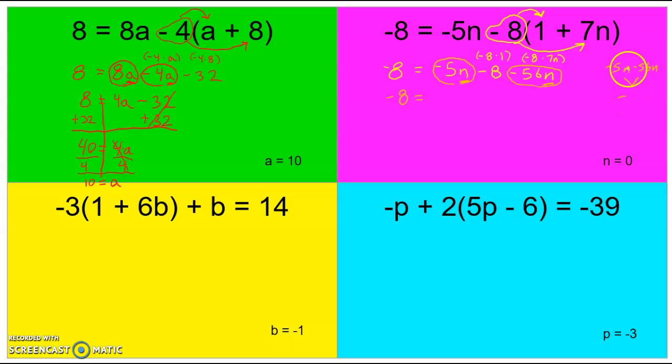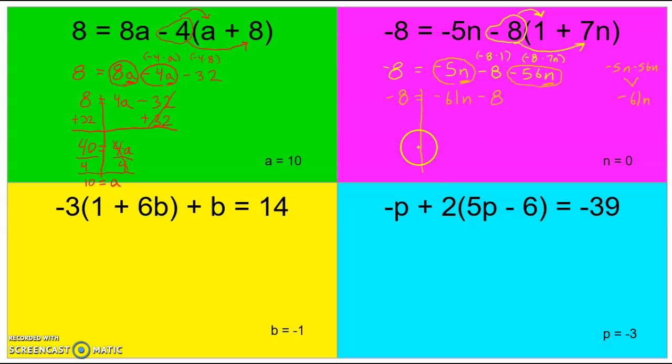So -5 adds to -56, and it becomes -61n. So we have -61n minus 8. Now our equation is in its simplest form.